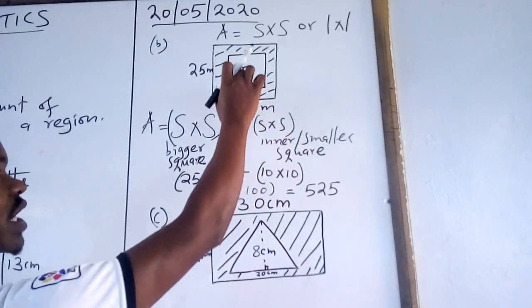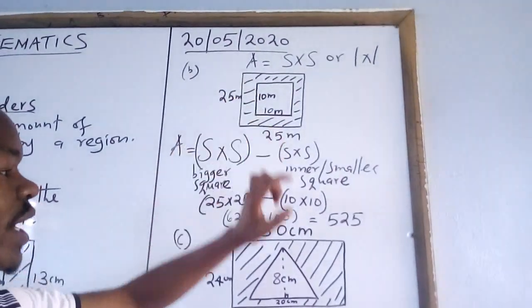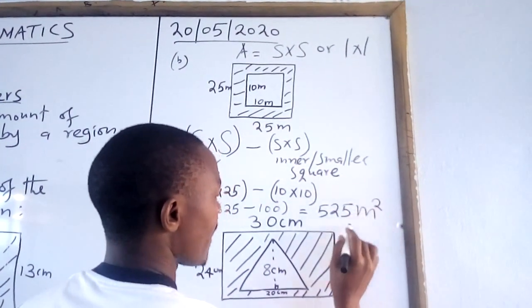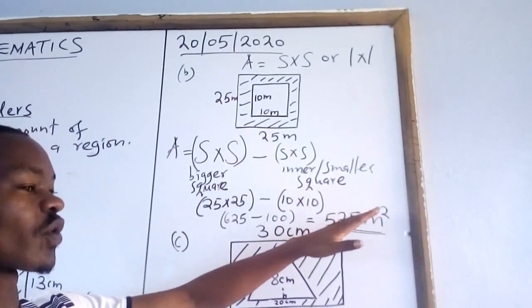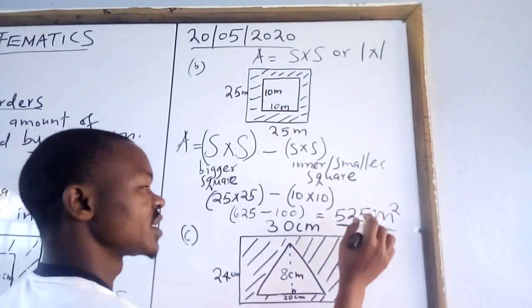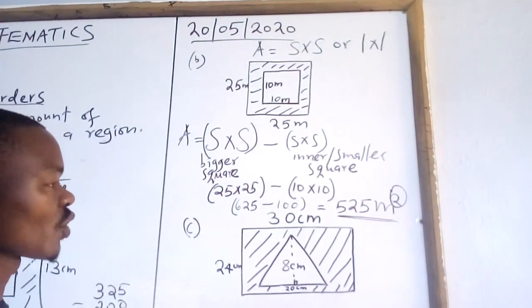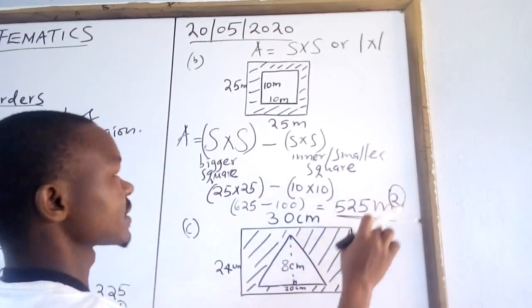Remember the units, we have the meters here, but I've said that area is measured in square units, therefore we talk of square meters. That is when you will show us that you are calculating area. This unit is very important. So your answer is 525 square meters.